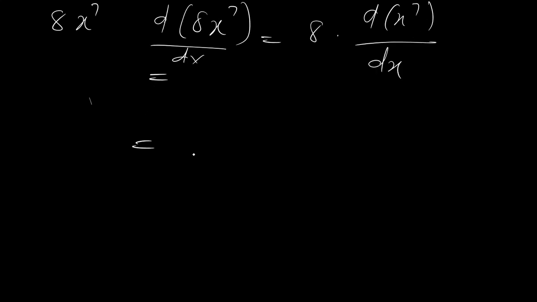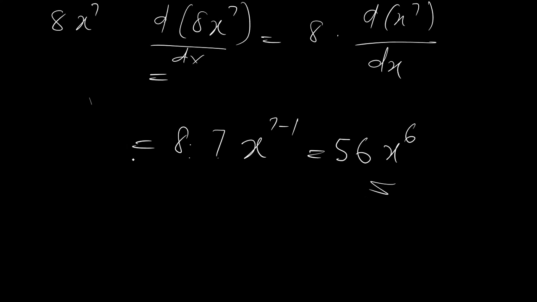Now, using the power rule, you have 7x to the power 7 minus 1, which will give you 8 times 7 is 56x to the power 6. So that is the final answer for that.